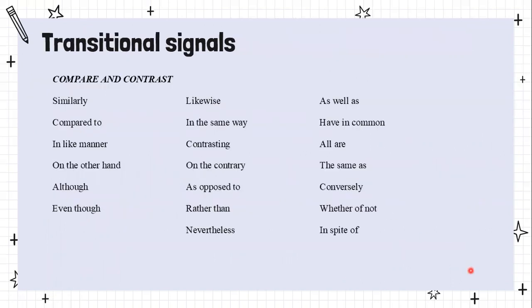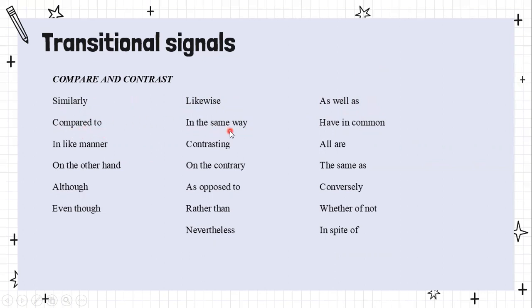Here are some transitional signals which we can use for compare and contrast. I can say similarly to show similarities. I can say likewise, it also shows similarity. I can say as well as this, so both show similarity. Compared to, this shows contrast, the difference.